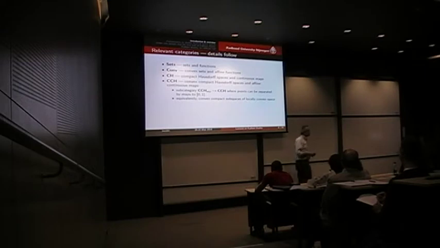So they are separated by a map to the unit interval. Now the unit interval is compact Hausdorff, and it's also convex. So it's inside this category. And this map should be both continuous and affine. And affine, I'll describe in more detail later, means that the convex structure is preserved.